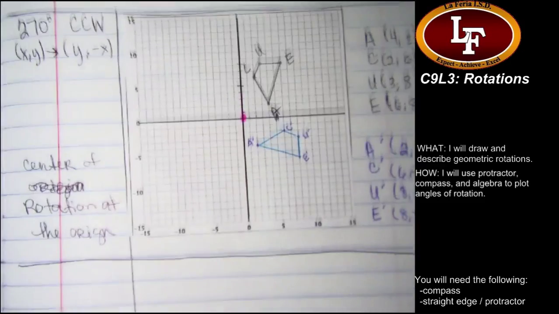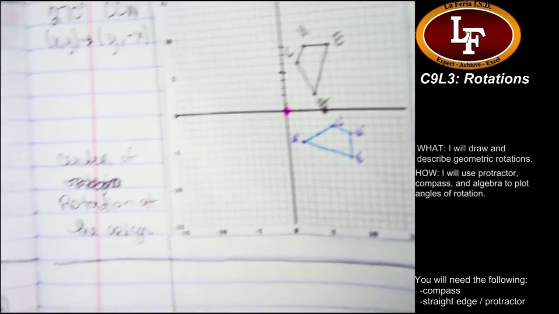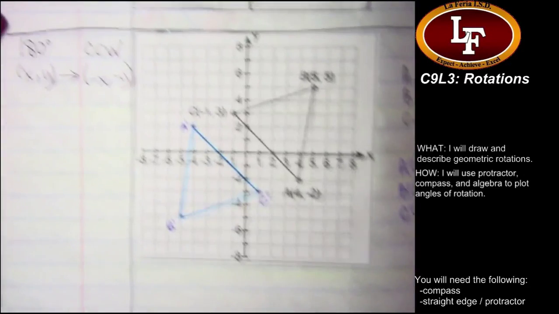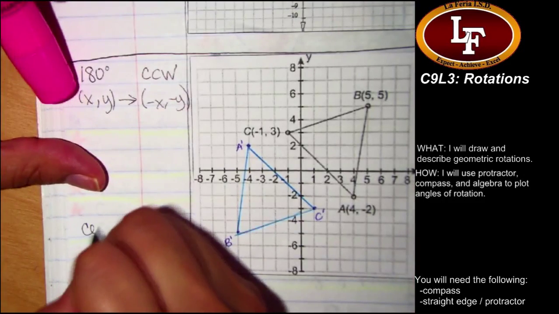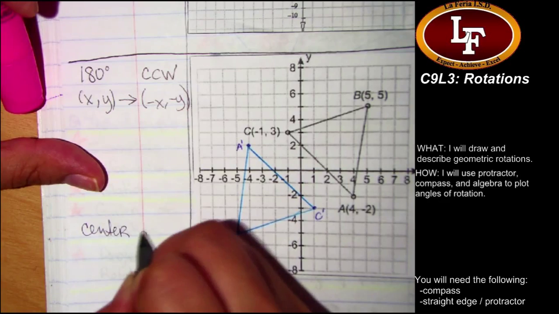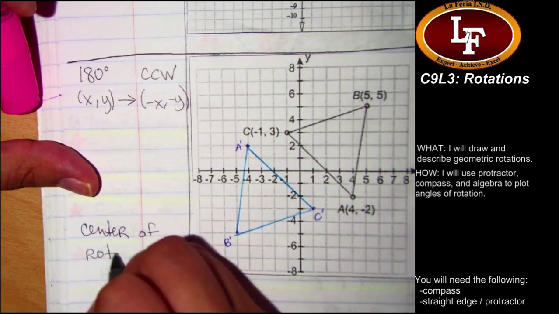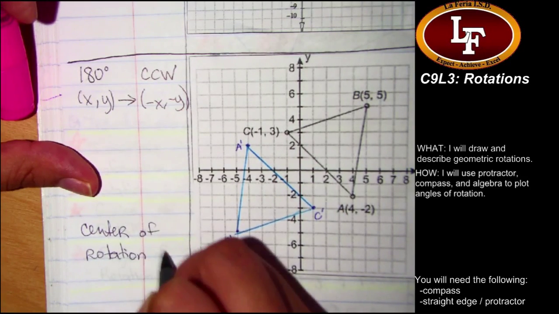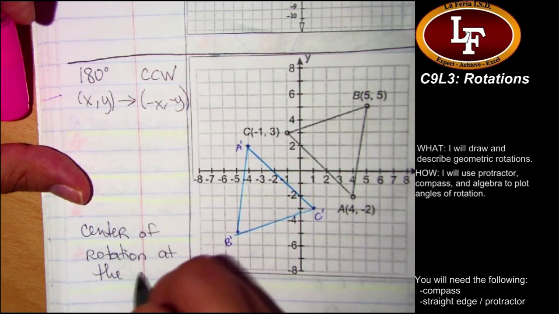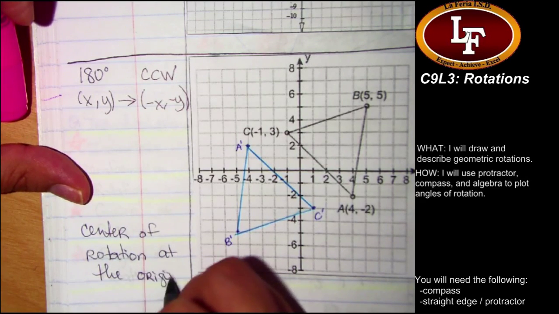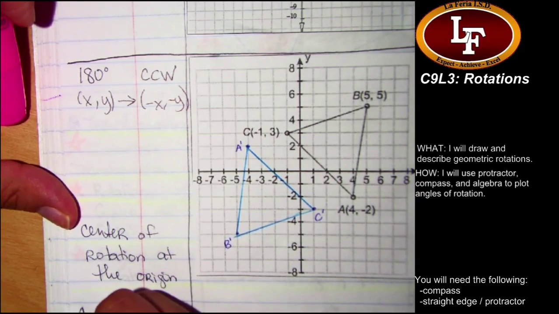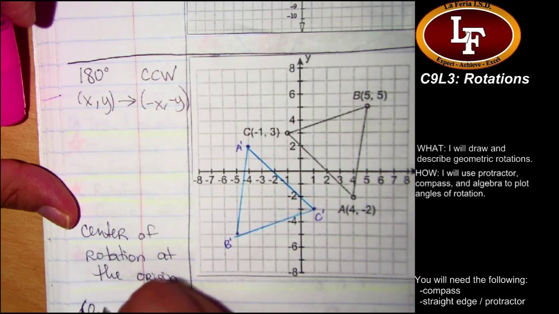Okay. So what we're going to do is write that center of rotation at the origin for each one of these items. So take a moment and go back and add that the center of rotation is at the origin, which basically means that its coordinates are 0, 0.